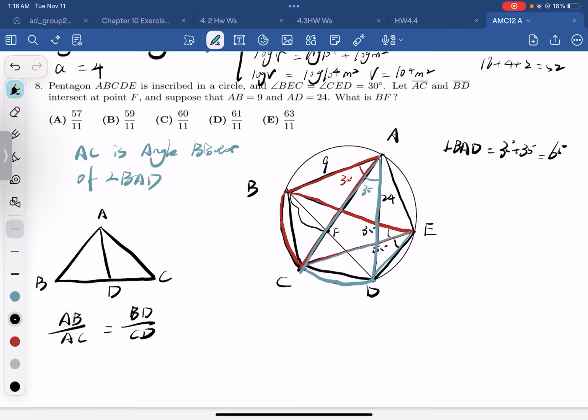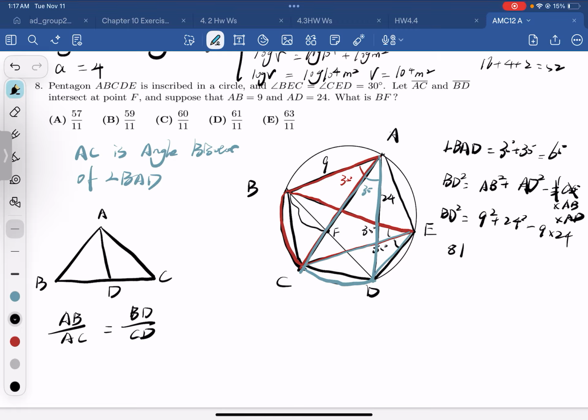So we know the length of AB and the length of AD. We use the law of cosines, which is BD squared equals AB squared plus AD squared minus 2 times cosine 60 degrees times AB times AD. So BD squared equals 9 squared plus 24 squared minus, cosine 60 degrees is a half so the 2 and the half cancel out, minus 9 times 24.